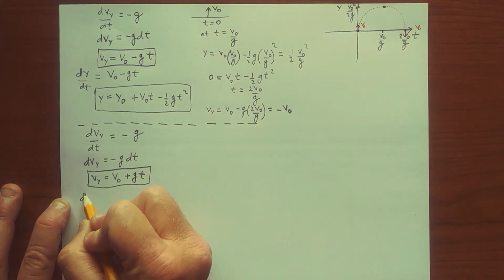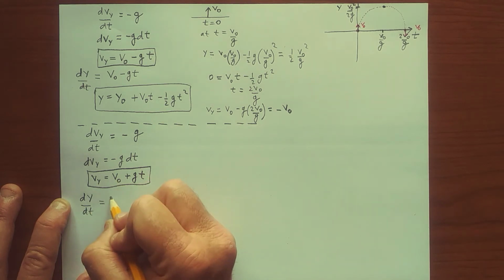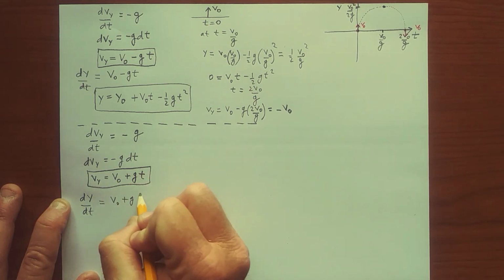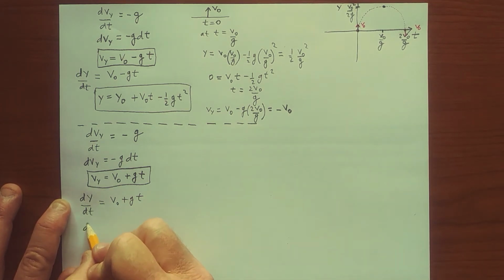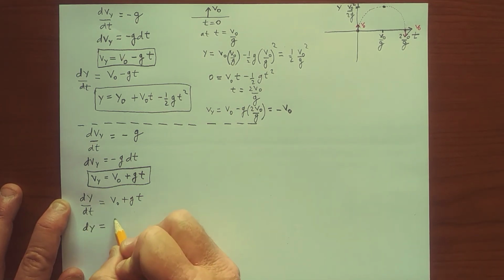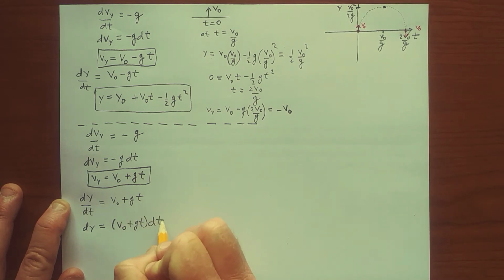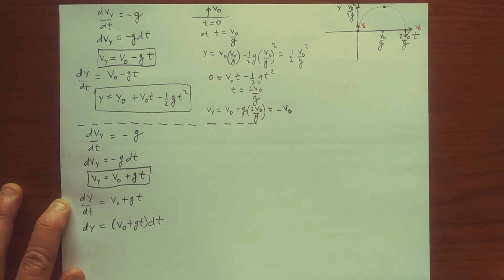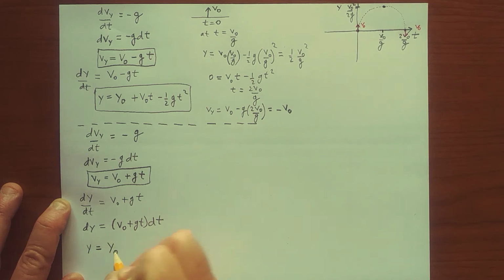Well, we have dy by dt is equal to this, v naught plus gt. And so let's isolate the dy. That gives us v naught plus gt in dt. And now we integrate both sides. This gives us y, we add a constant of integration, of course, plus the v naught integrated in dt.